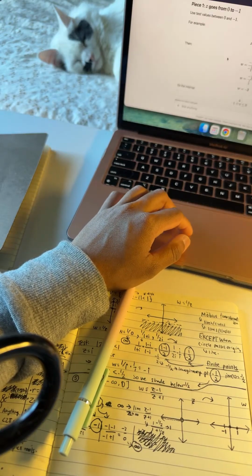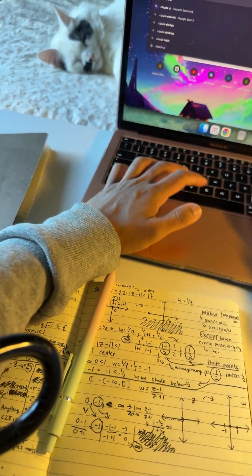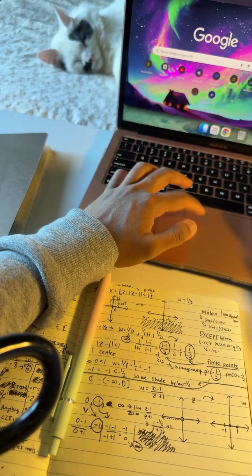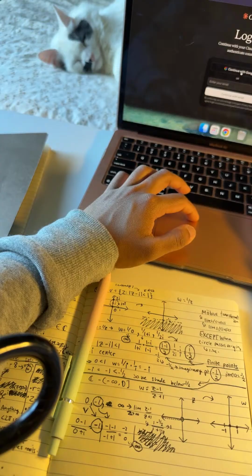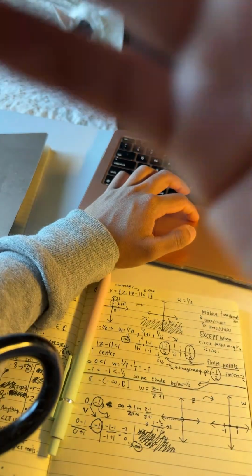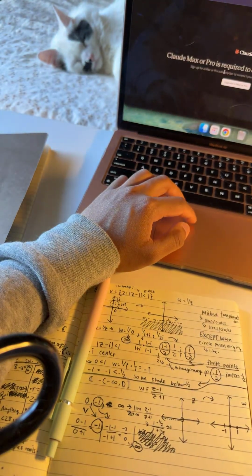I'm gonna have to ask DeepSeek or Claude. I've never used Claude before. Claude AI. But you have to upgrade to Max or Pro to use it.